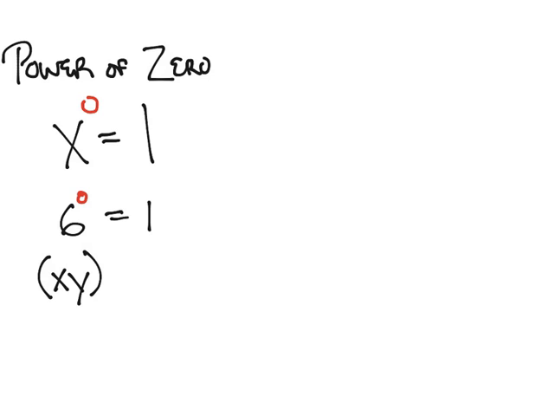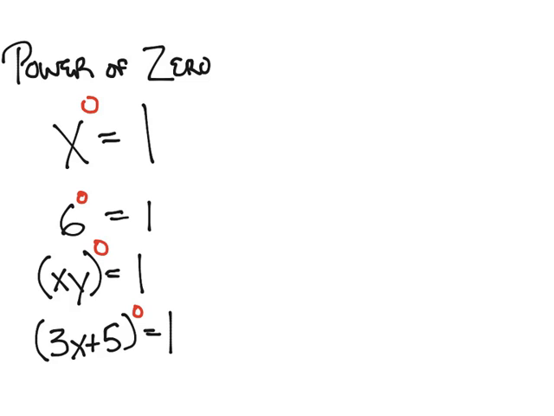X times y raised to the power of 0 is also equal to 1. The expression 3x plus 5 raised to the power of 0 is still equal to 1. No matter what happens, any value raised to the power of 0 is equal to 1.